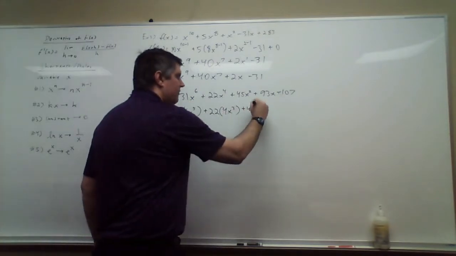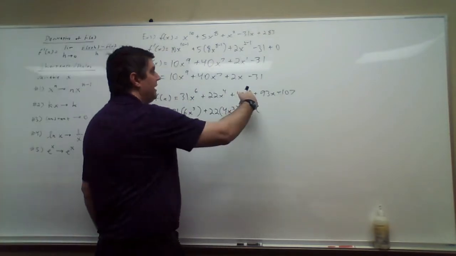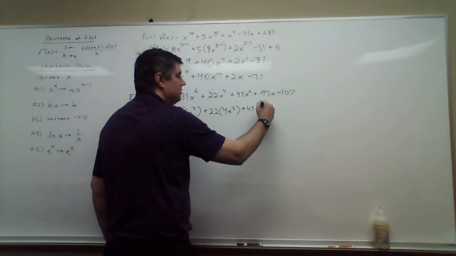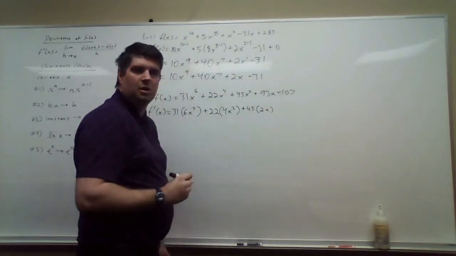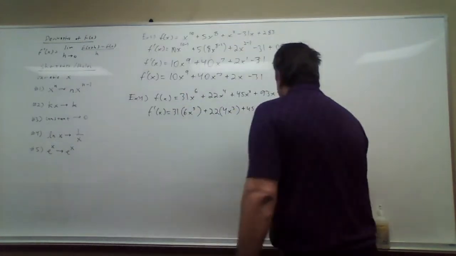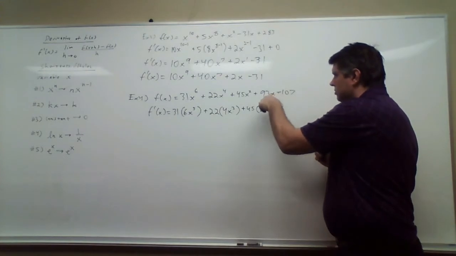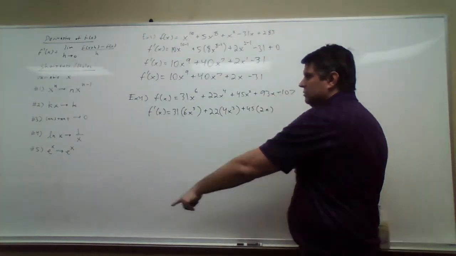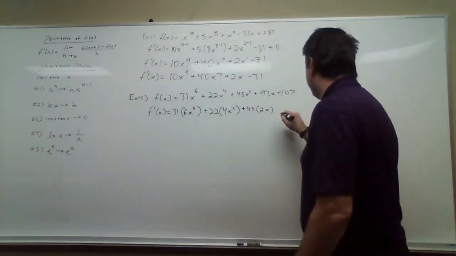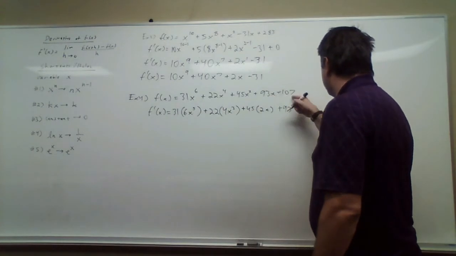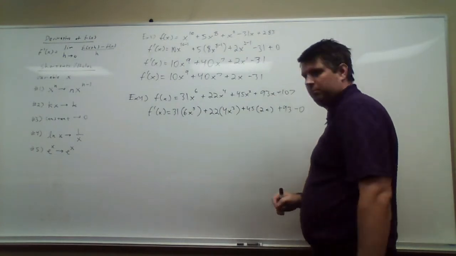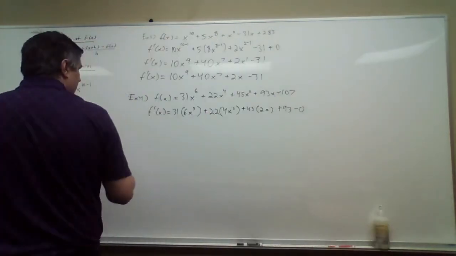Plus 45, and the derivative of x squared is 2x. All right? The derivative of a number times x, so 93x would just be 93, and the derivative of my constant is 0. Okay?